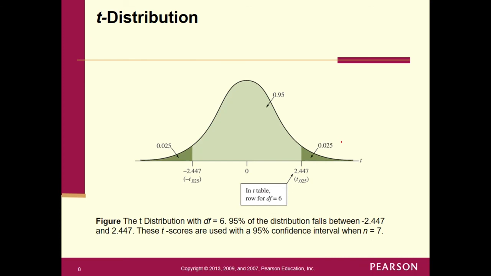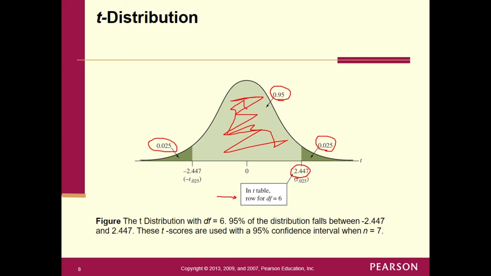That's the t-distribution. So here is a figure, and let's say that we are creating a 95% confidence interval. Theoretically, we're putting 0.95 as far as the area goes right in the middle. That means we've got 0.025 in this tail and 0.025 in this tail. And if you looked up 6 degrees of freedom for a 95% confidence interval, I think you would find this value right here, this 2.447.